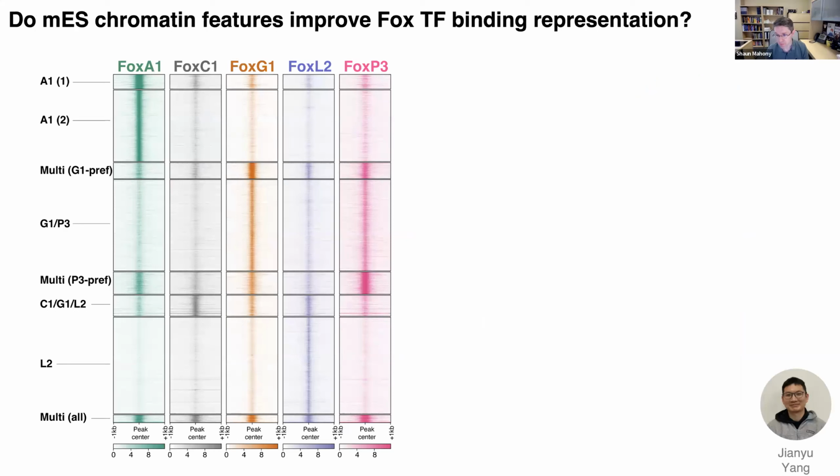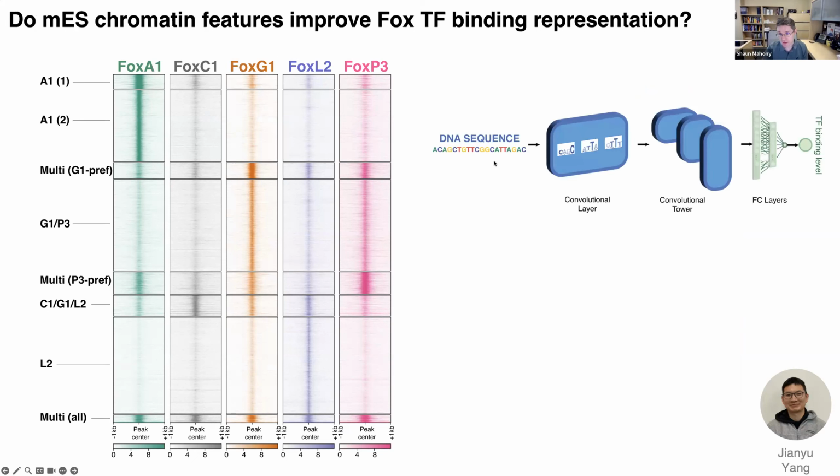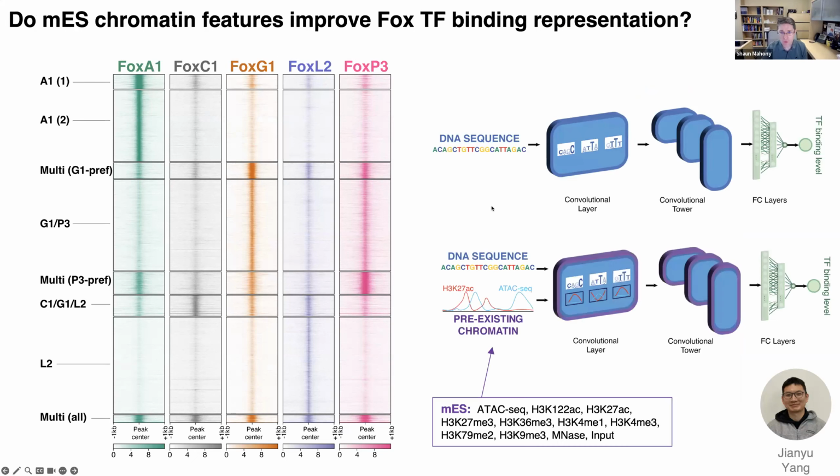Jianyu Yang in my lab has been building convolutional neural networks that we train with either DNA sequence information or with DNA sequence and pre-existing chromatin information in order to predict the ChIP-exo read counts at these various sites. The reason we're training with DNA sequence versus DNA sequence plus chromatin is we want to see what the marginal improvement in performance is by integrating pre-existing chromatin information into the process.